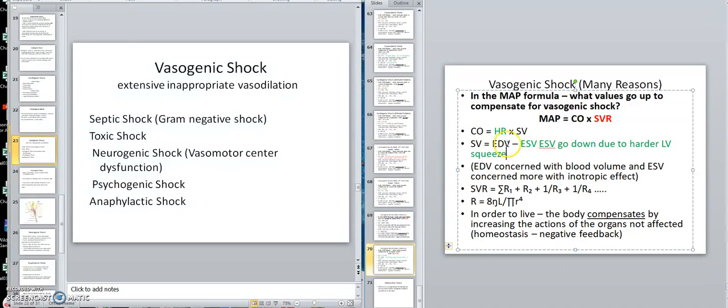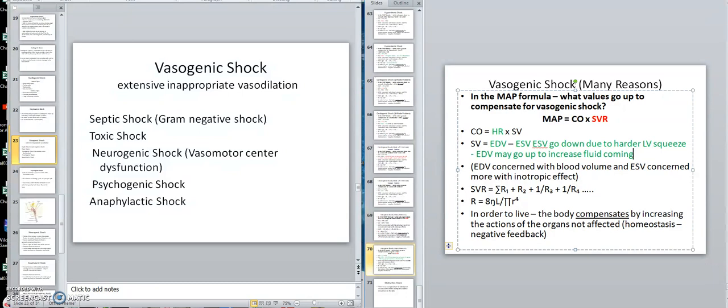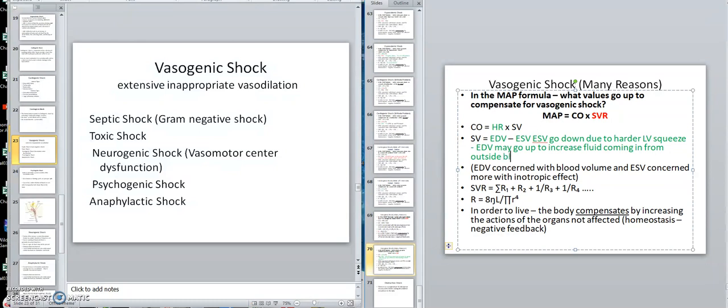We may have an increase in EDV with fluid coming in to try to compensate. So let's put that there. EDV may go up. Outside blood vessels.